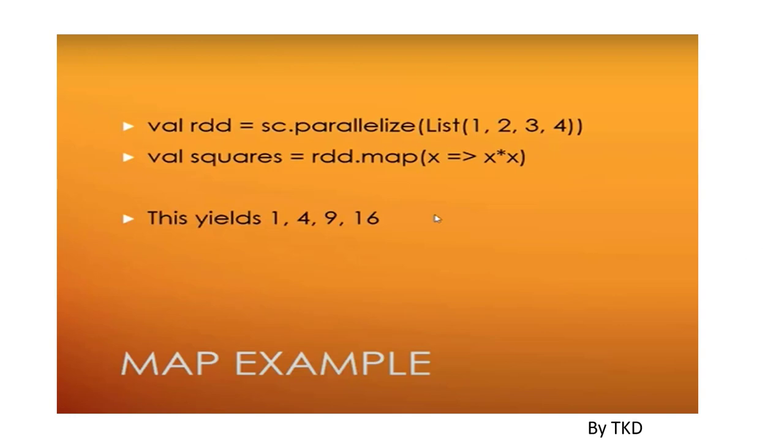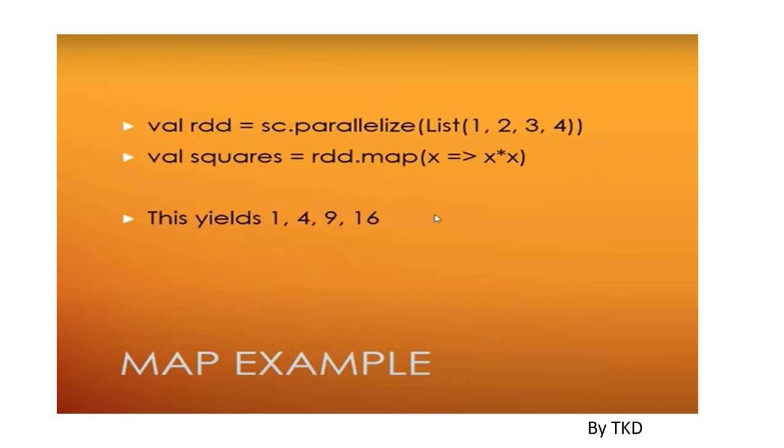By passing in that function that squares every row in the RDD, we get squares, which is the transformed RDD. So squares will contain the rows 1, 4, 9, and 16.